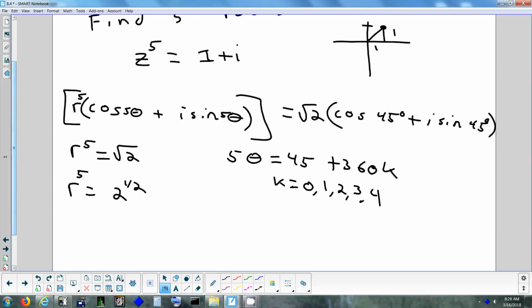And now what I would do is raise each side to a power, because remember, when you have a power to a power, you multiply. The goal is to get r to the first power. You want r by itself, no power other than 1. So what could I raise each side to get rid of this 5?